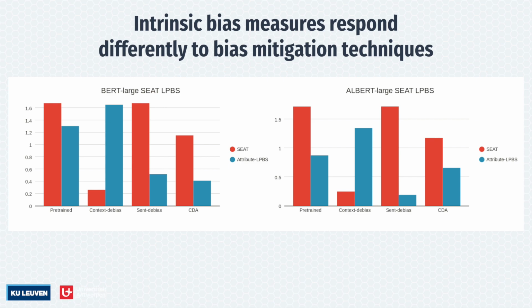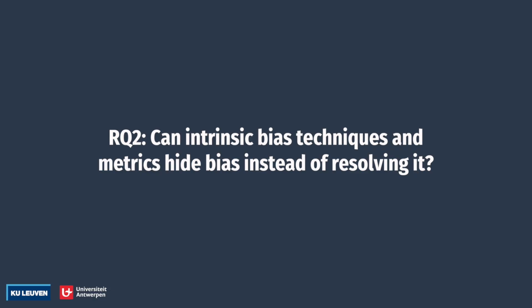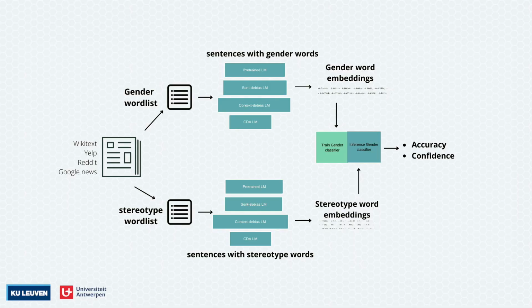For the second research question, we wanted to see if intrinsic bias techniques actually mask bias instead of resolving it. To do this, we first obtain text corpora from different sources, which include the Yelp dataset and the Reddit dataset. Based on a list of gender words and a list of stereotypes, we extract sentences from the corpora. We then pass these sentences through the pre-trained language models and their debiased versions to obtain embeddings for the sentences.